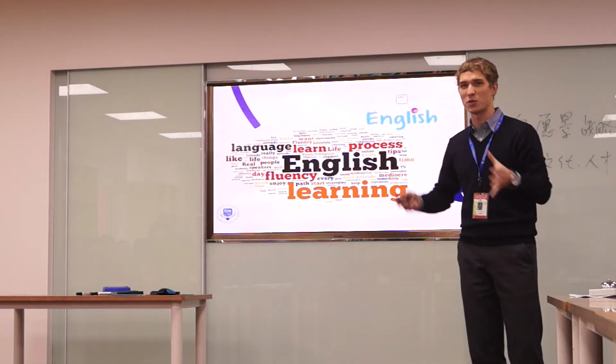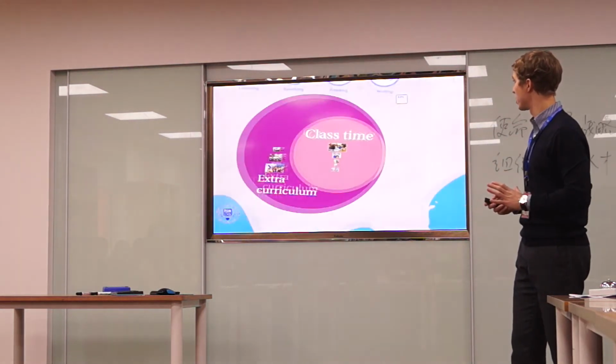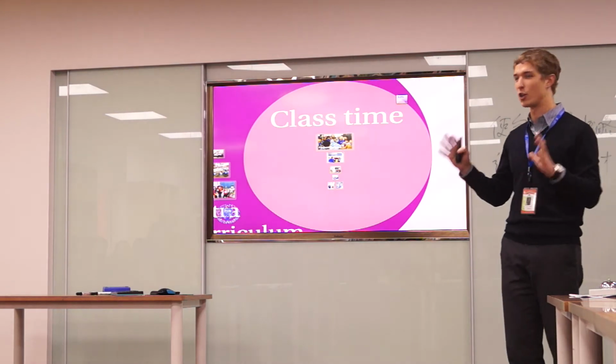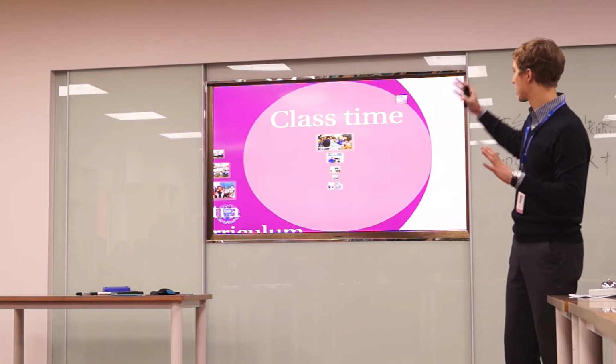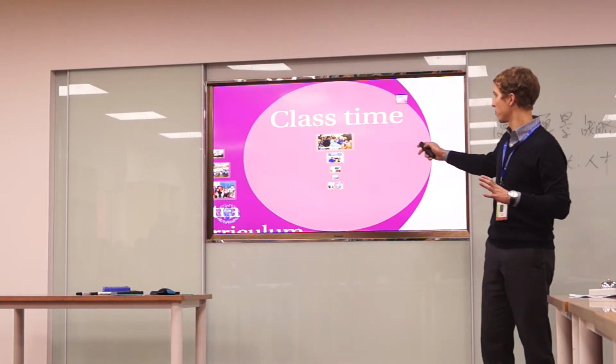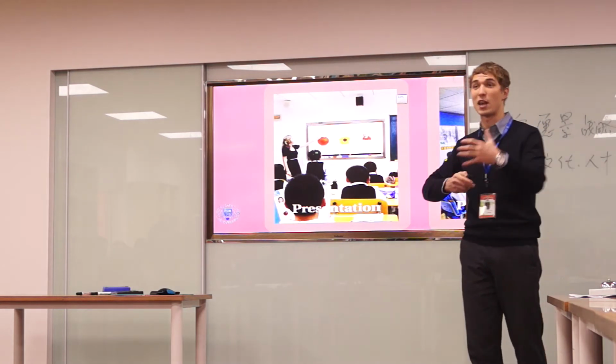So far we are concentrated mostly on the English language, and I want to talk a little bit about what the English language program looks like. We distinguish between class time and what we do in the classroom. Usually the teaching process starts with a presentation.